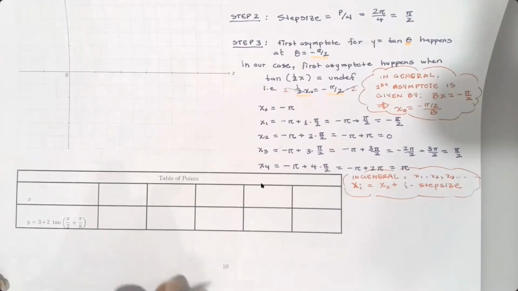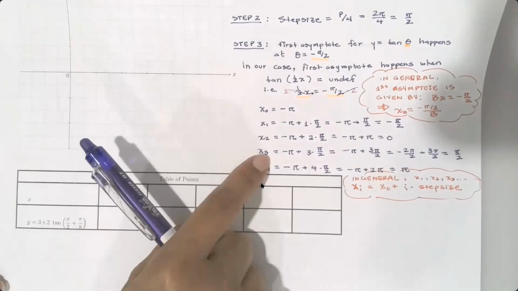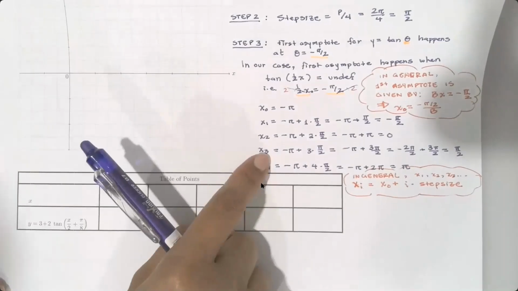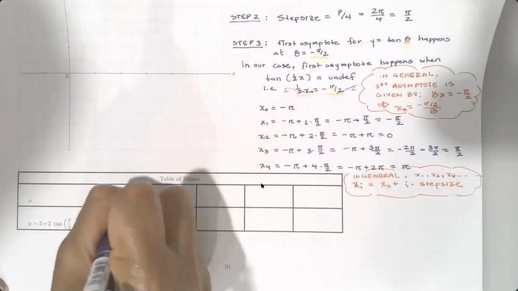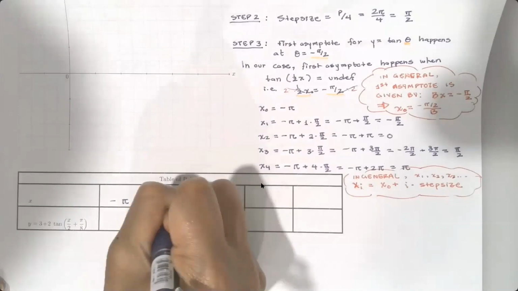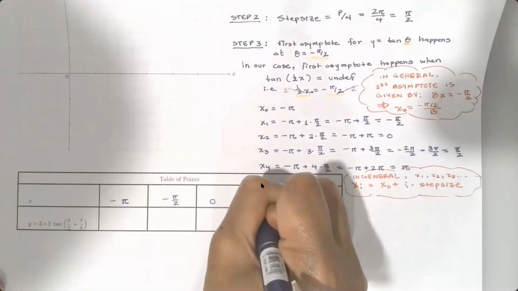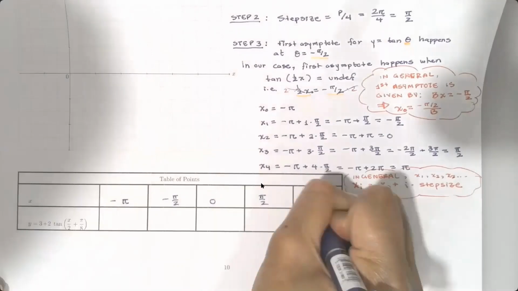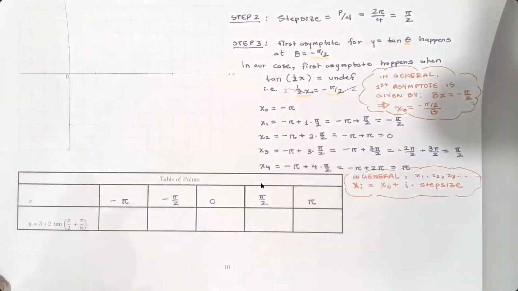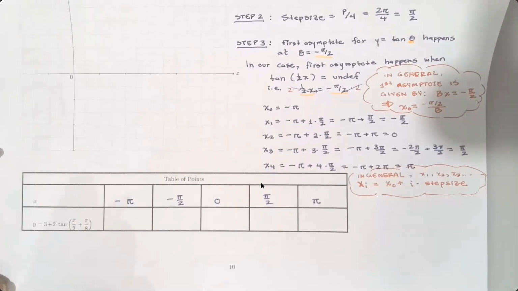And that's the hardest part about tangent. It's this step. Once you have these points, you can bring them onto your table of points: negative pi over 2, 0, pi over 2, and pi. And you can plug them in.